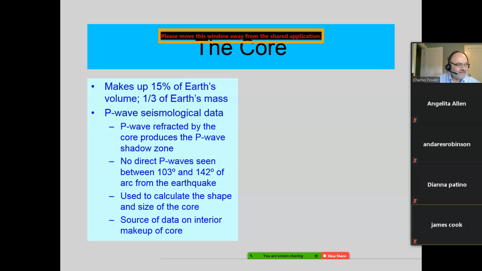All right. Let's talk about the core a little bit. Now, I did skip over something here. Let's pick it up. One was table 18.1, comparison of the oceanic crust to the continental crust. And let's talk about that.